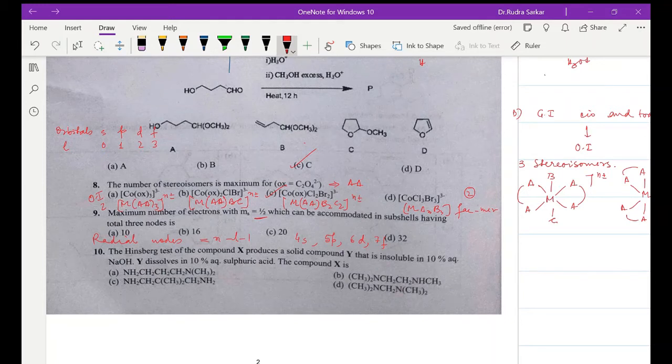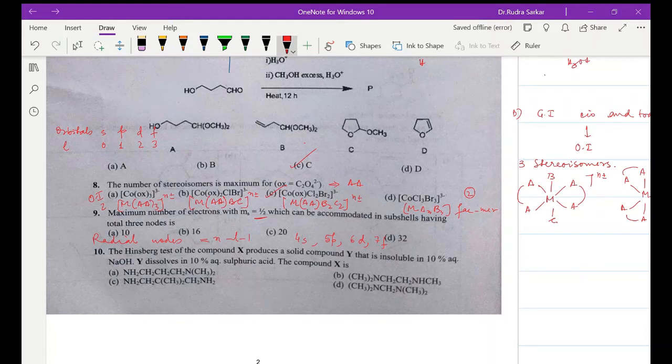Okay, so that means the 4s orbital can hold 2 electrons. Similarly, 5p can hold 6 electrons, 6d can hold 10 electrons, 7f can hold 14 electrons, but only ms half.